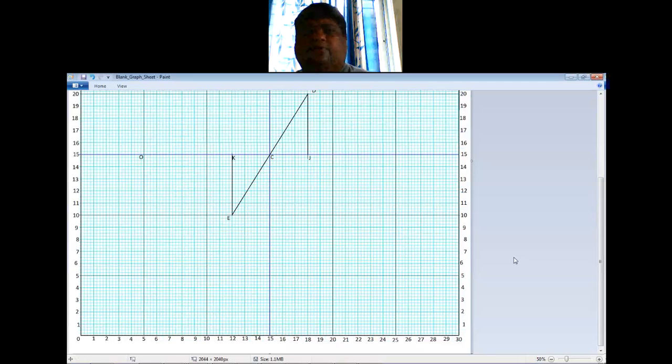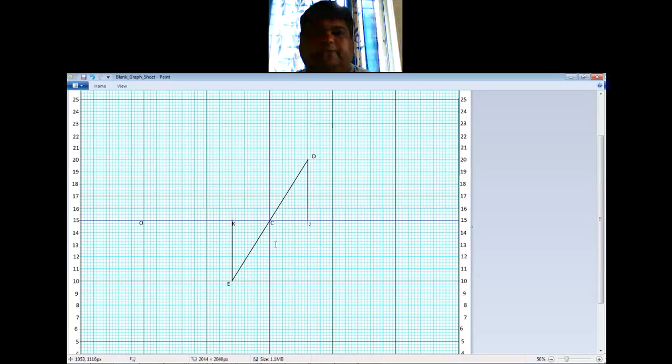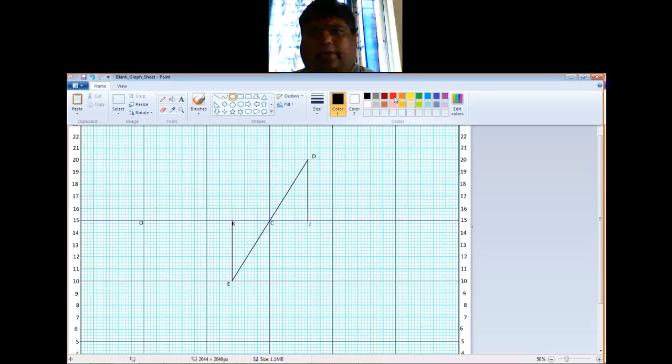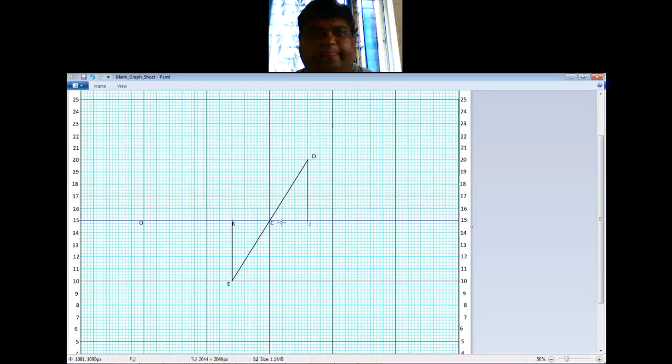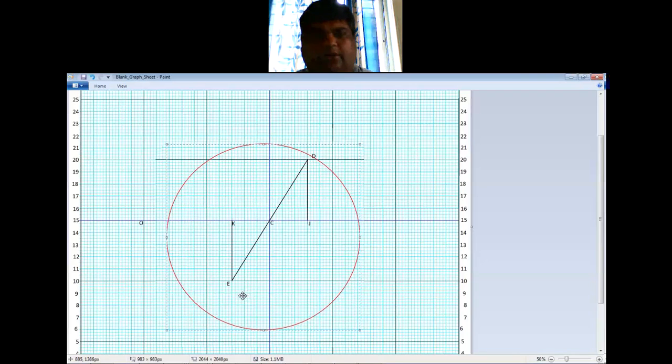Alright. Now with CD or CE as radius, I have to draw the circle. That is your Mohr circle. So I'll draw the circle in a different color. It's a little tricky in here. Are you guys with me? Is there any trouble anyone is facing? Please let me know.